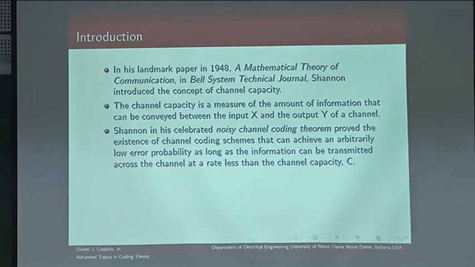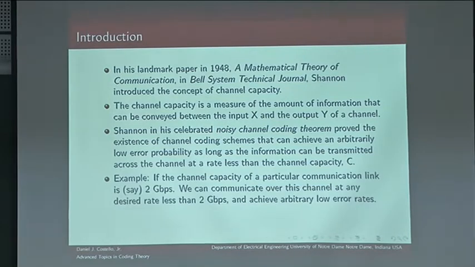So he proved that there exist coding schemes. For example, if a particular channel has a capacity of 2 gigabits, that means we could transmit at any rate up to 2 gigabits with arbitrary reliability, if we do proper coding.